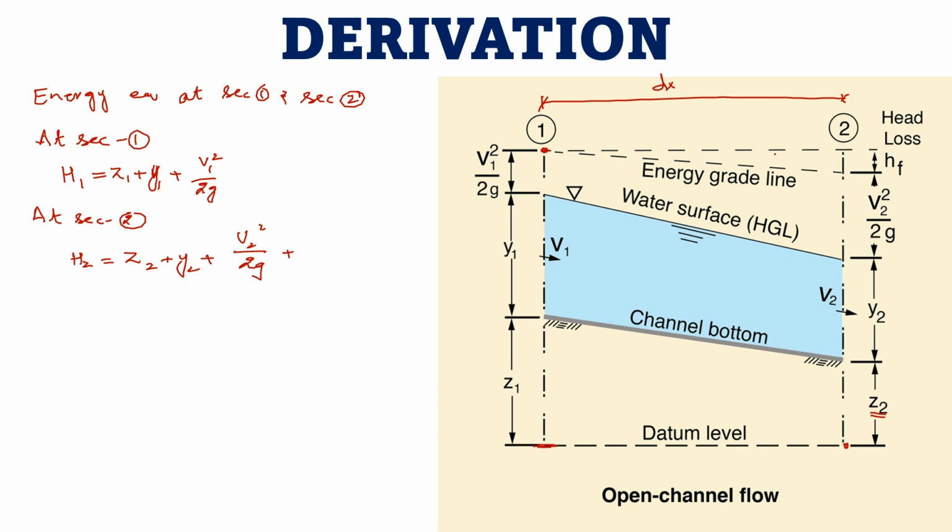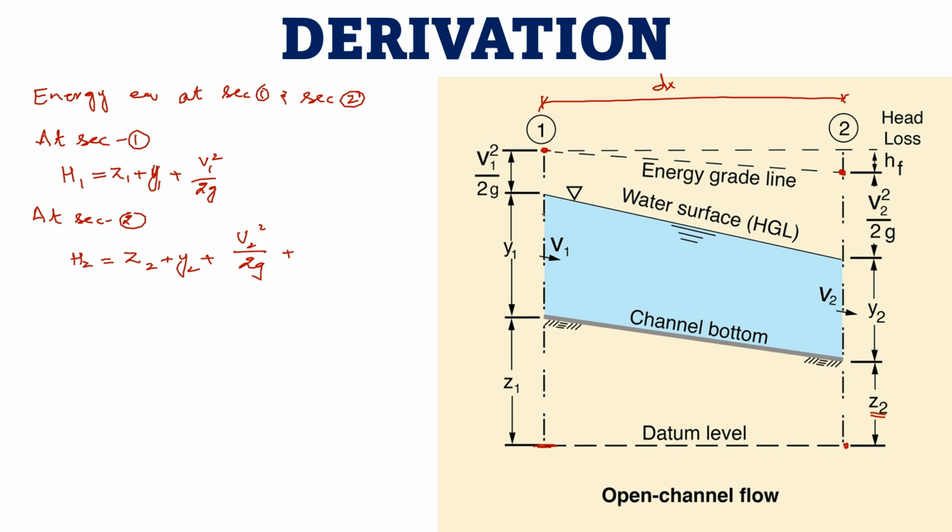Because we are following the conservation of energy, it means that at section 1 and at section 2, the total energy must be constant. It means H1 and H2 must be the same. But if we stop at this point, it means that H2 is not equal to H1. So how can they be equal?